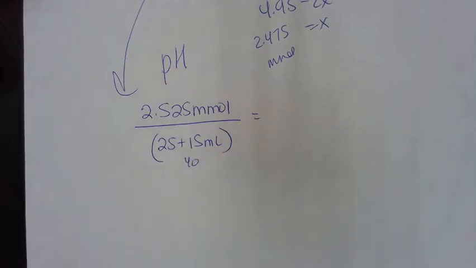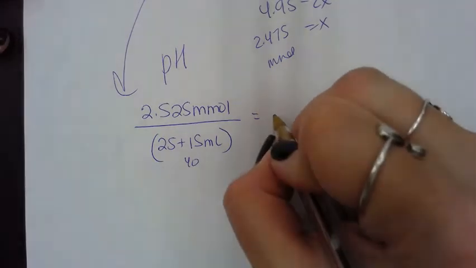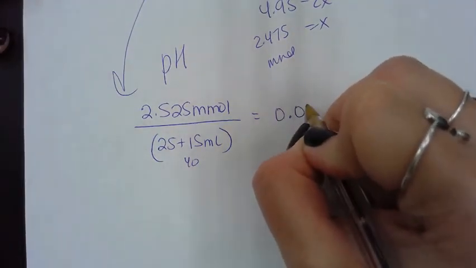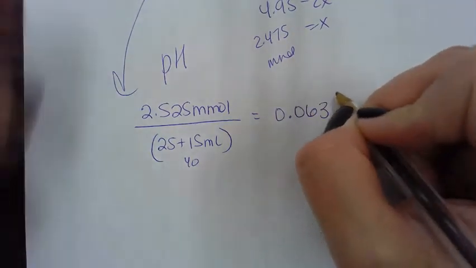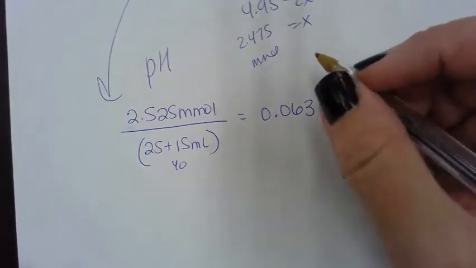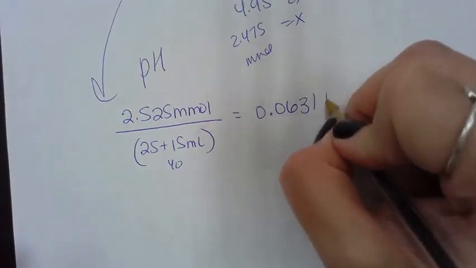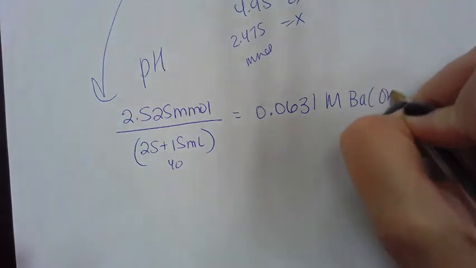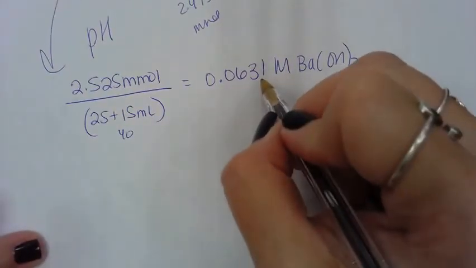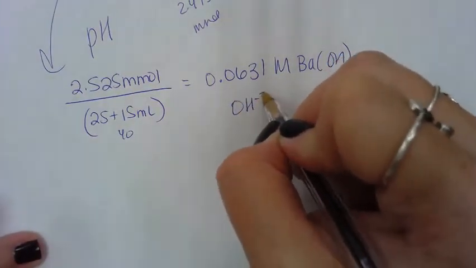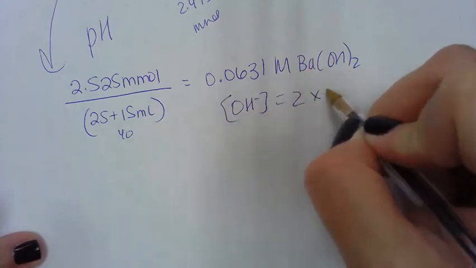So 2.525 divided by the 40 gives me a molarity of 0.0631 molar BaOH2 solution. So when I go to calculate my OH minus concentration, it's going to be 2 times that.